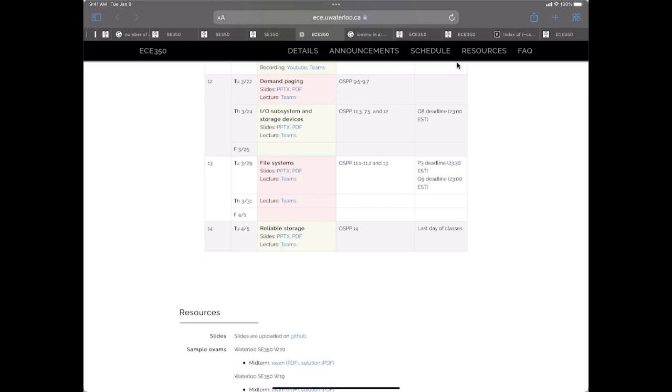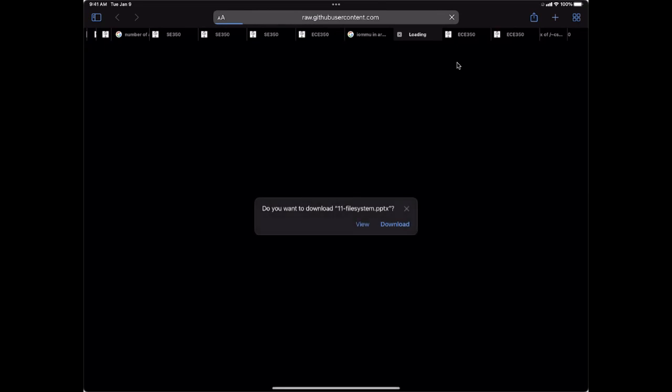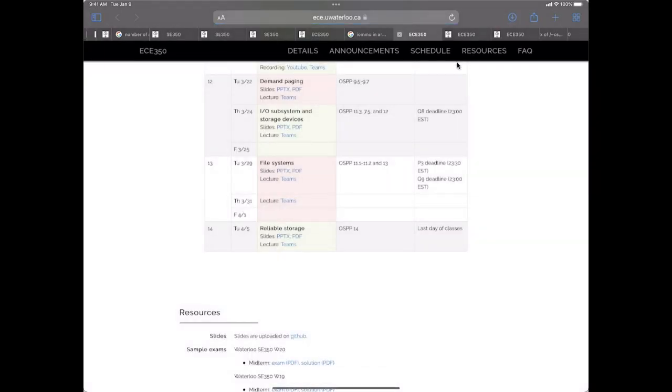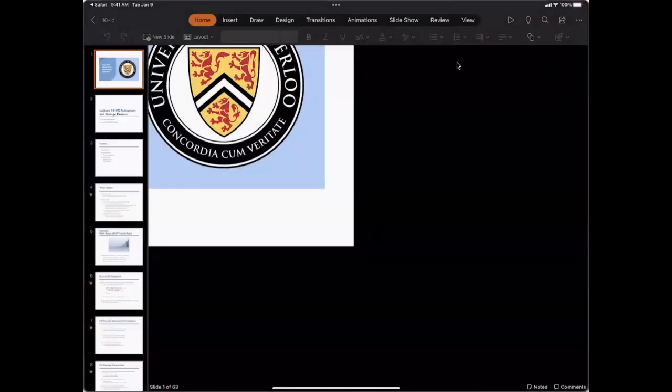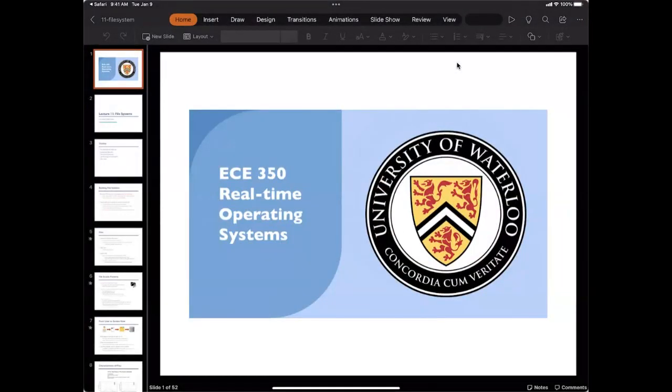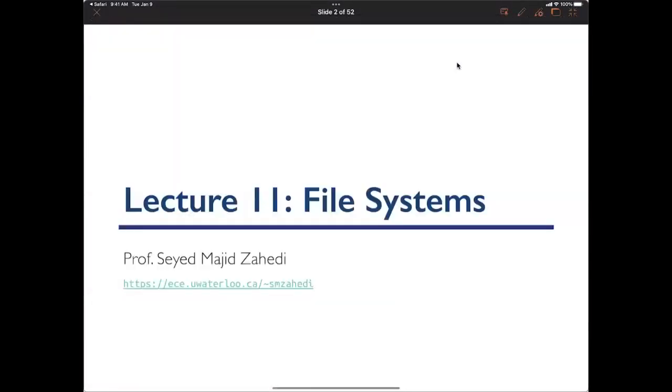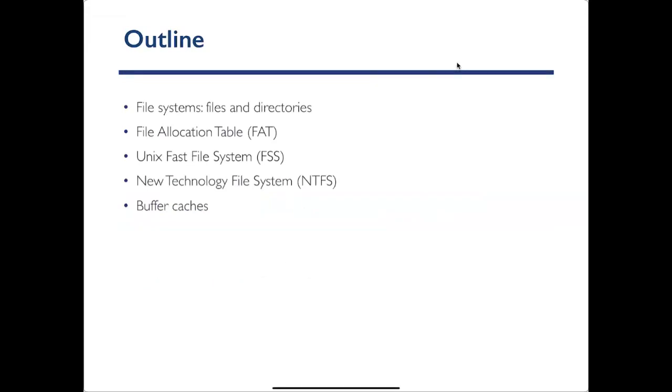Unfortunately, I won't be able to talk about reliability, but hopefully we get to talk about file systems a little bit. Okay, so again, I'm not expecting to be able to finish all the slides on file systems.